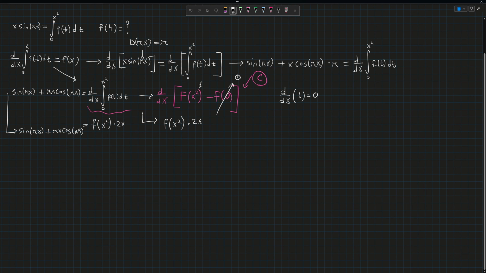Okay, so now I'm going to factor out the 2x, and I'm going to say that f of x squared is equal to 1 over 2x times sine of pi x plus pi x cosine of pi x.